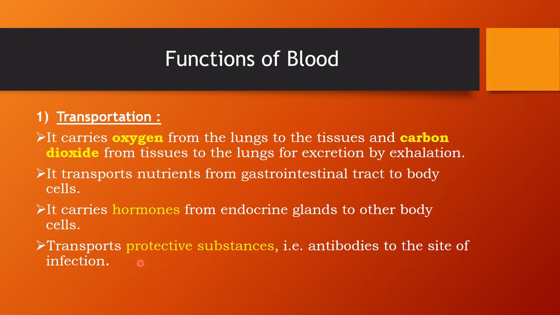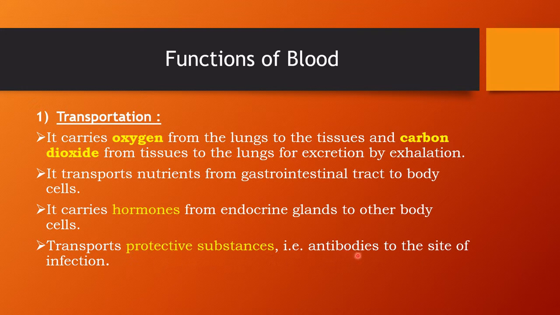So our body has a very nice system that it will generate protective substances in the form of chemicals, or sometimes antibodies, and these antibodies will kill these antigens or microbes and protect our body.